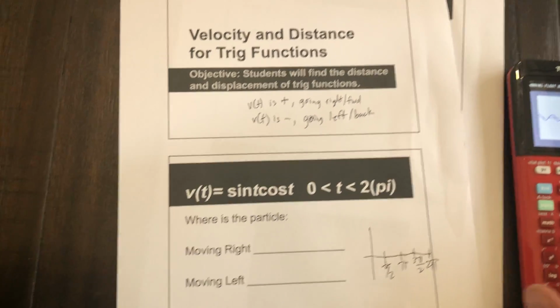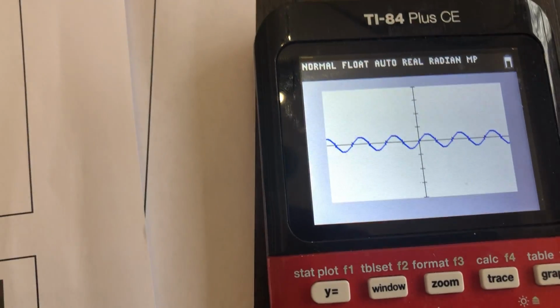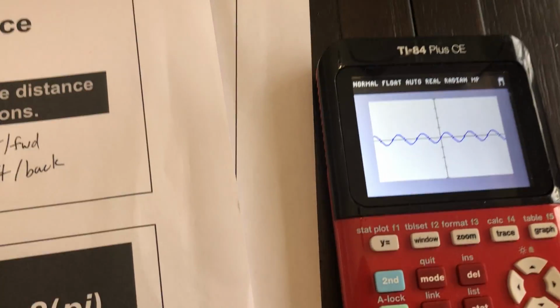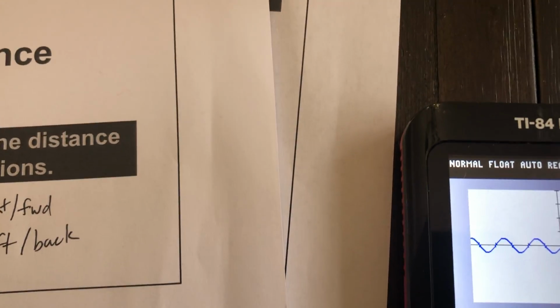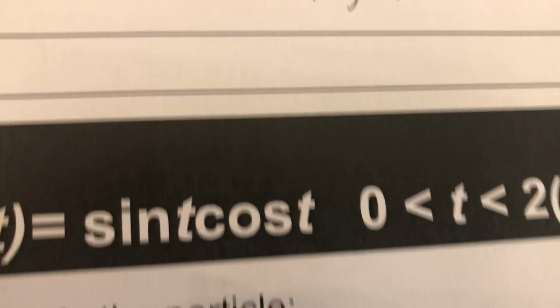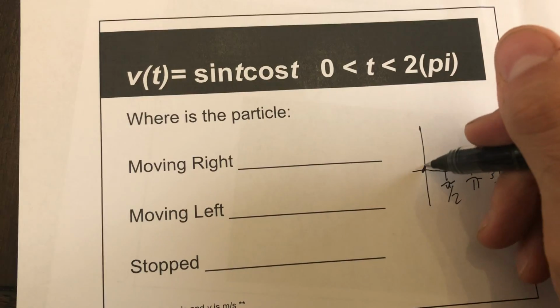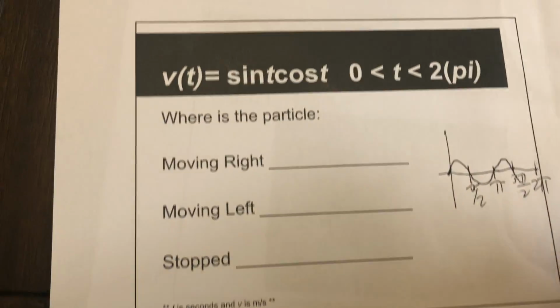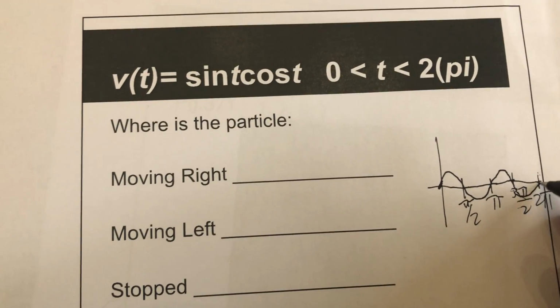Okay, this graph at 0, 0 is crossing the axis. It looks like it crosses again at each of our marks, so it should be easy to work with. It goes above, down, and through, and kind of down.